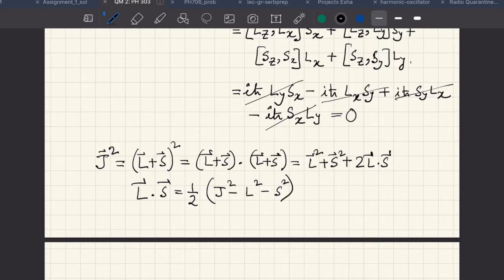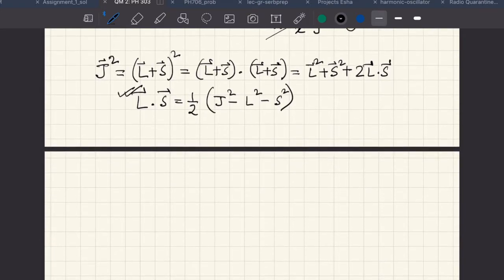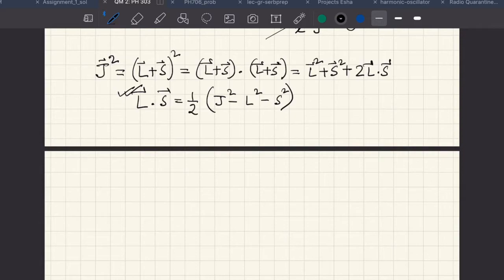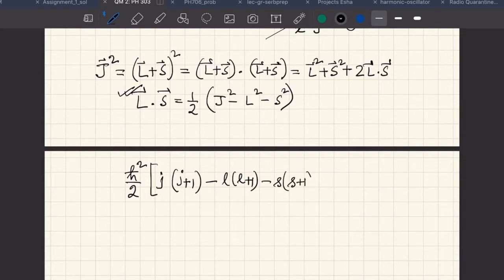So it is very easy to calculate the eigenvalue of L dot S. I know what J square will give when it acts on these basis states. So this is going to give us ħ square by 2 times J into J plus 1 minus L into L plus 1 minus S into S plus 1.